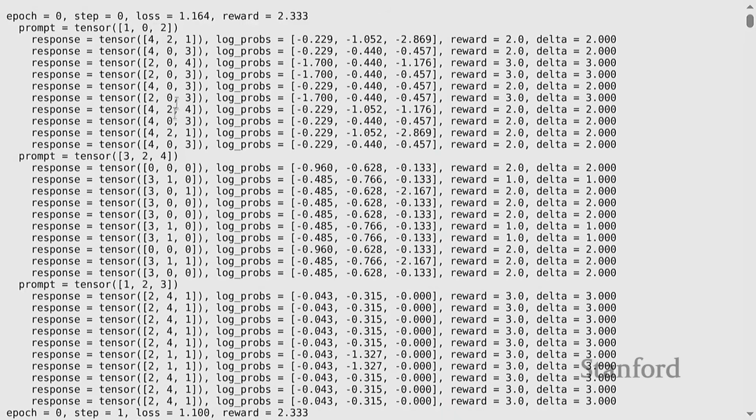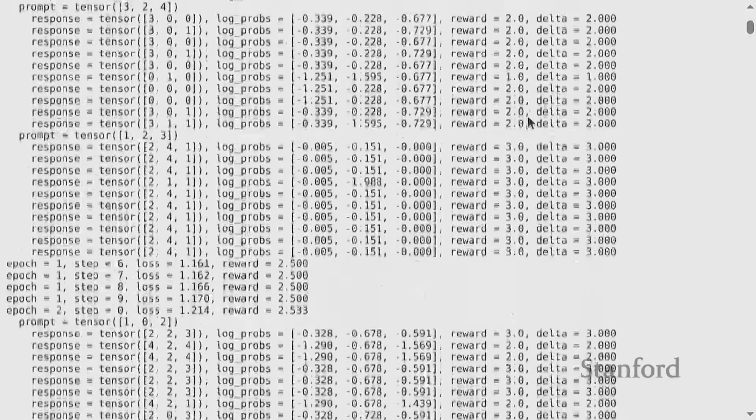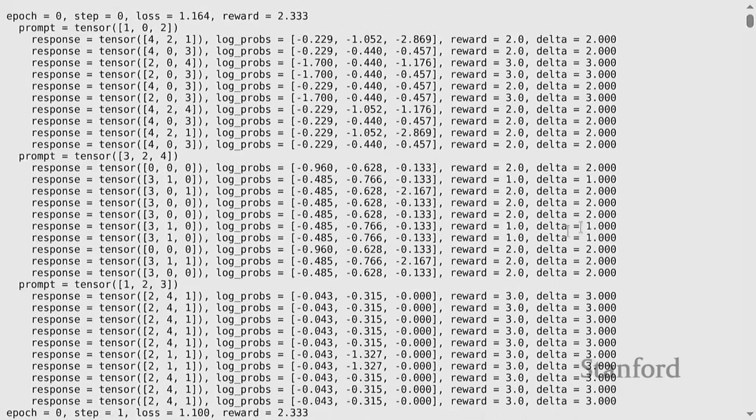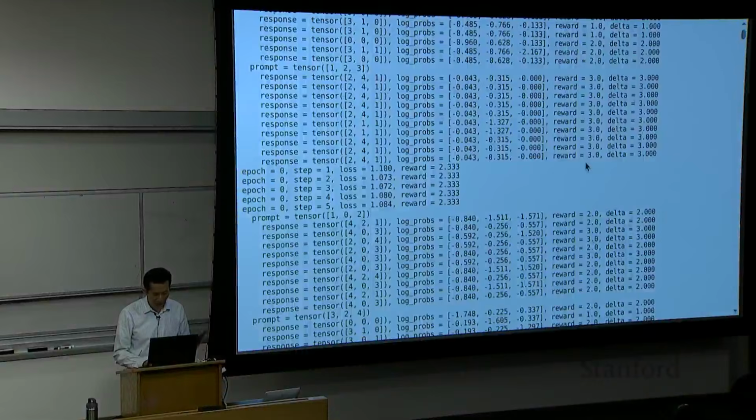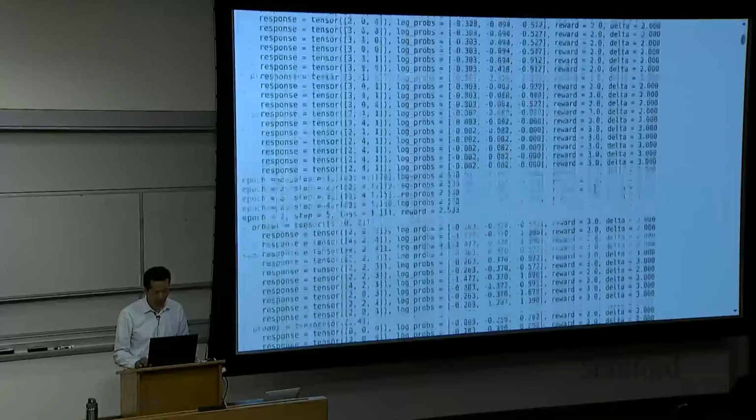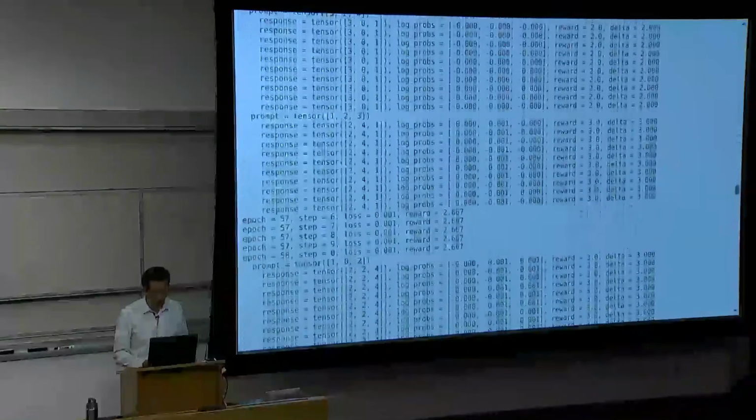It generates a bunch of responses, you score them, you compute the reward, and then you compute the delta, which in this case is identical to the reward. So I'm going to update towards the 3s a little bit more than the 2s. Then you see this prompt, the same thing. Here I'm still going to update towards these responses, even though they all have reward 3. Then let me scroll down and see what happens.